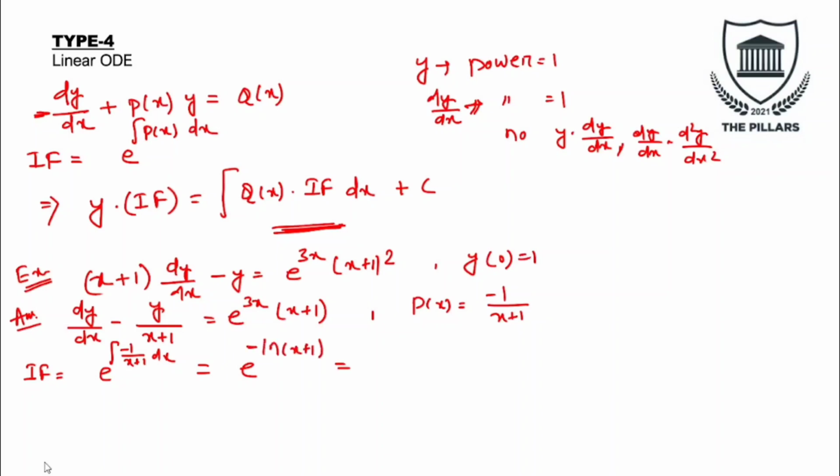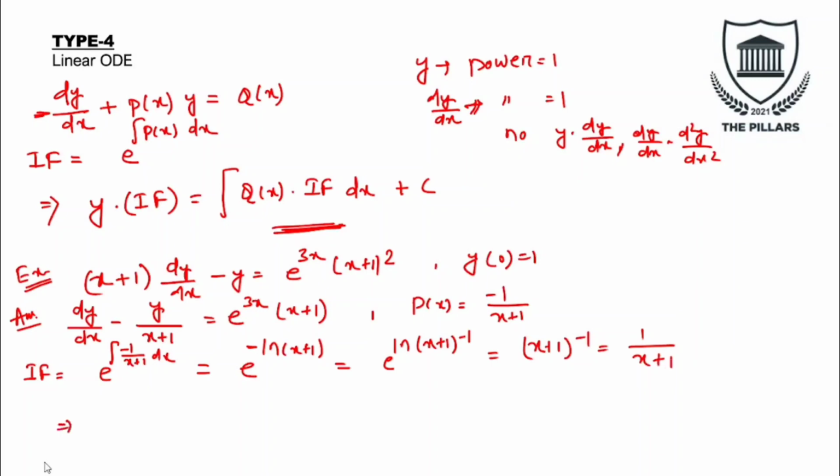And you know the property of logarithm and exponential, so this will give us e to the power log (x + 1)^(−1), and this gives us (x + 1)^(−1), which is 1/(x + 1).